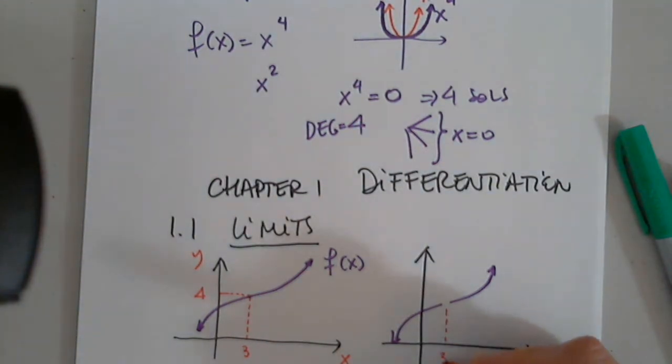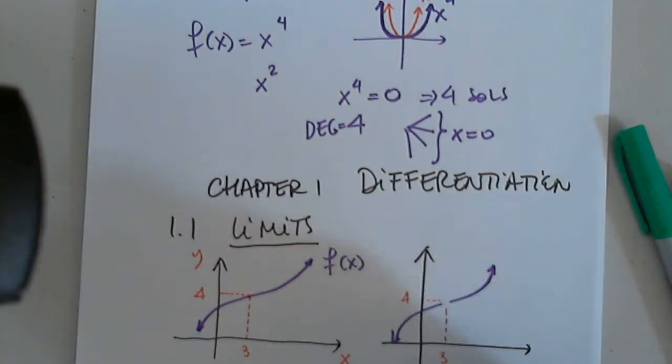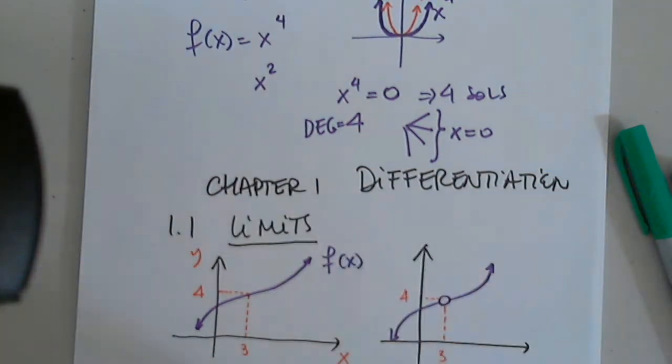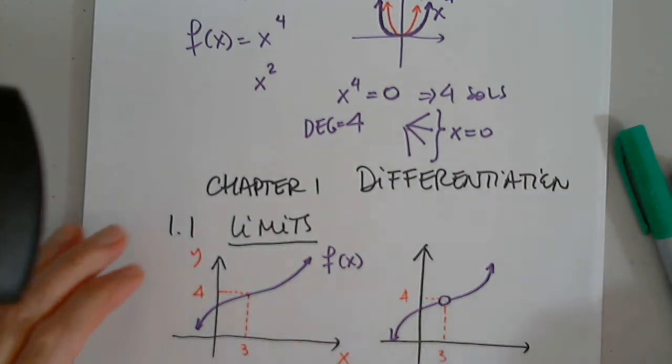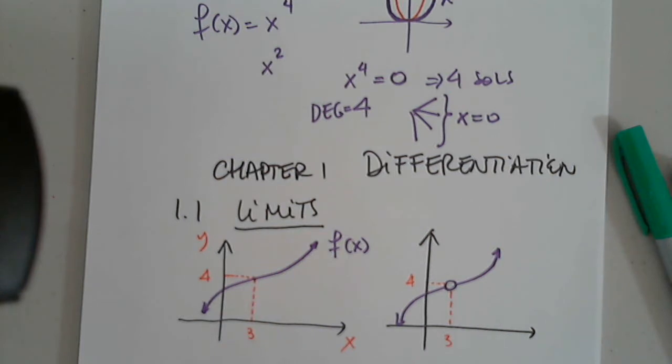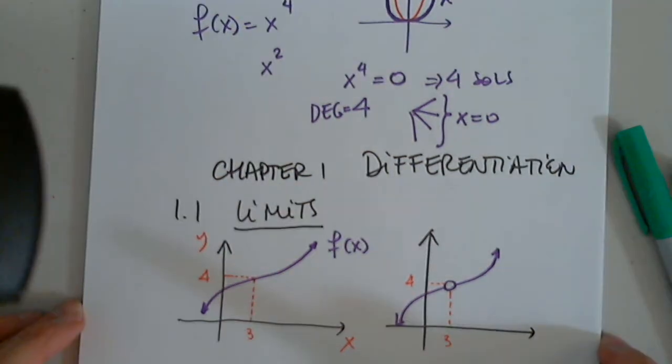Yes, of course, at (3, 4). Okay, so it's an open point. Okay, so let's take a look at this function, and stop me if you have any questions, anytime, please.